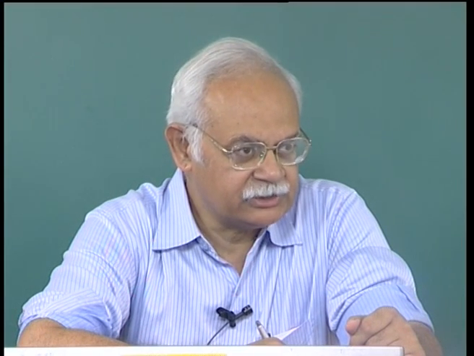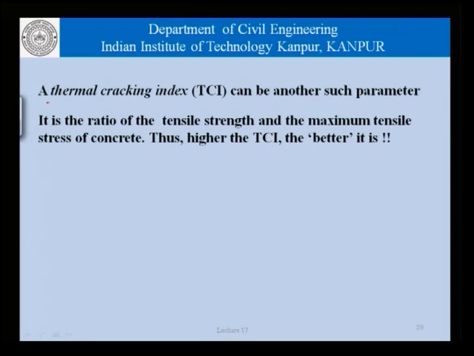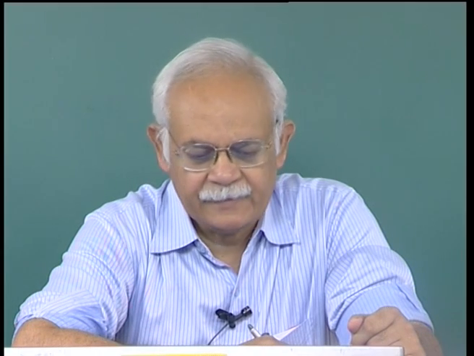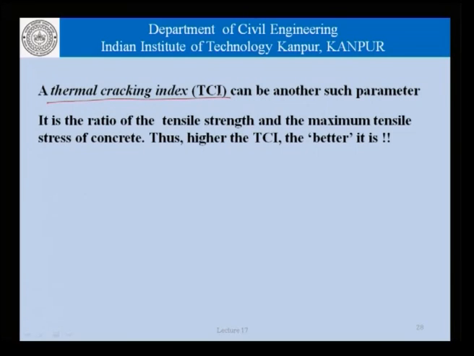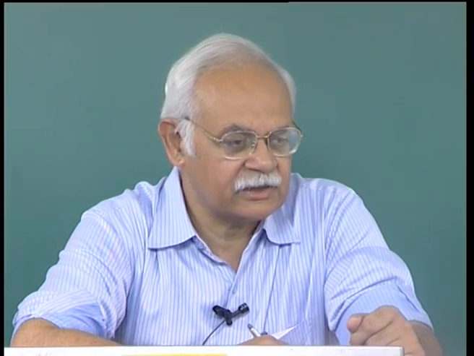Yet another parameter which is interesting is the thermal cracking index, which I am calling TCI. This is the ratio of the tensile strength and the maximum tensile stress of concrete at a given point in time. So, we are talking of tensile strength which develops over a period of time and tensile stresses which change over a period of time depending on the characteristics of the temperature rise and other properties of concrete.